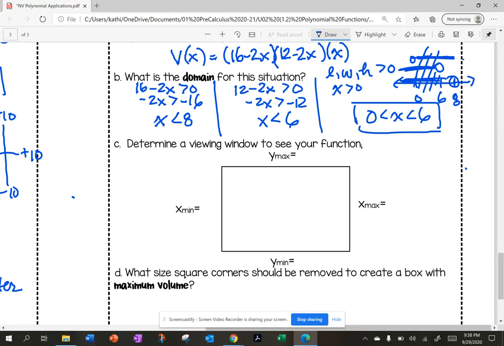Okay, same process. Volume is a little different. This time I'm going to be multiplying negative 2x times negative 2x times x, so that would be 4x cubed. When I'm looking at 4x cubed, I know I have a cubic.